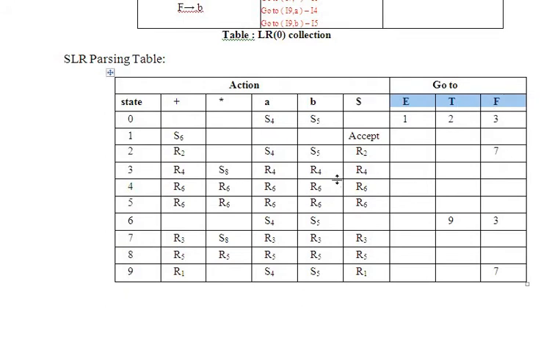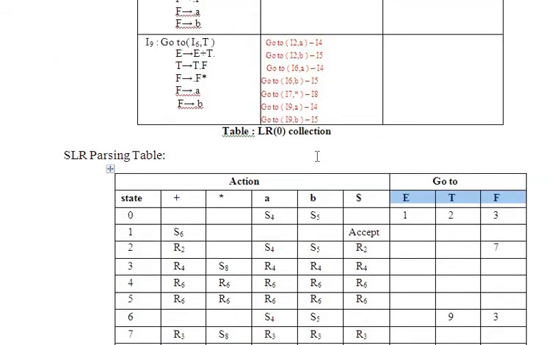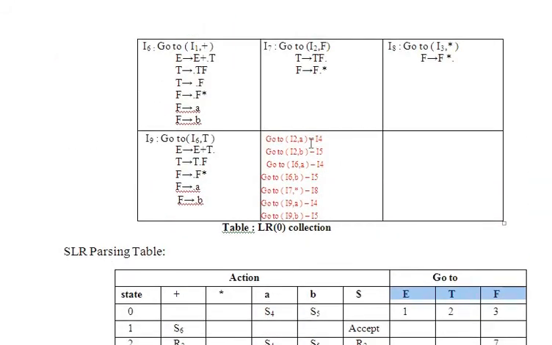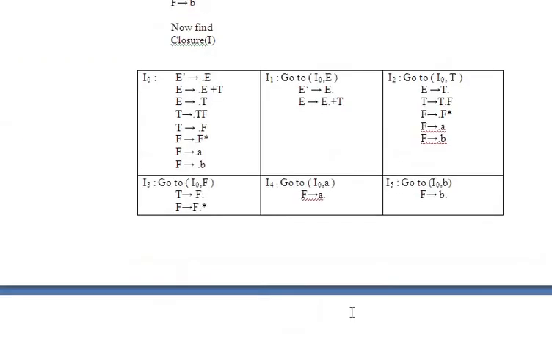For the parsing table, you have to check all this LR0 collection. Always write accept from state 1 on input symbol $, because it is an augmented grammar; in the first state you find this production, and your parsing string will be accepted.